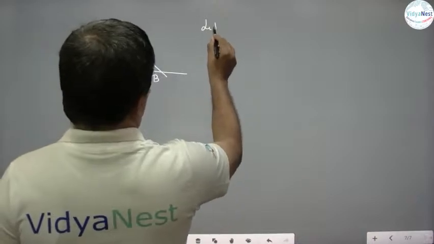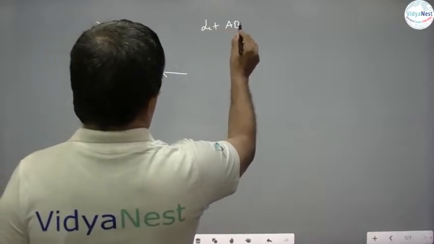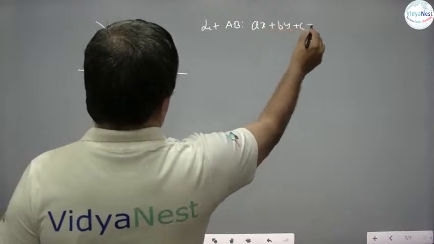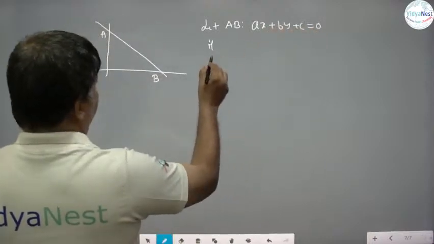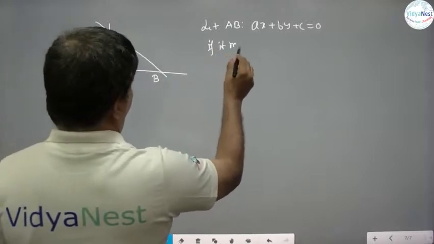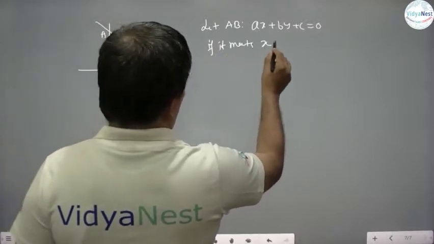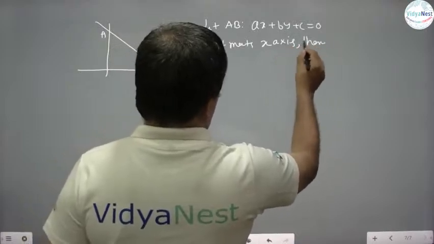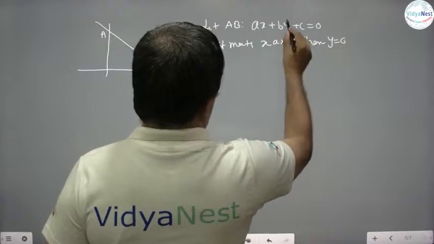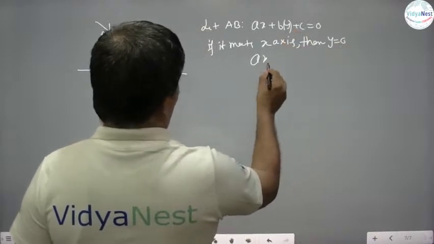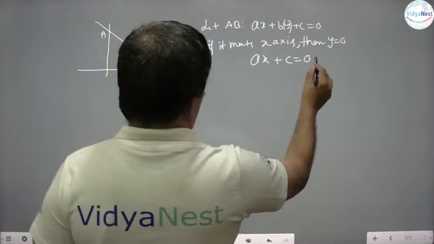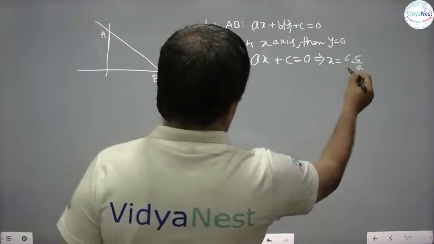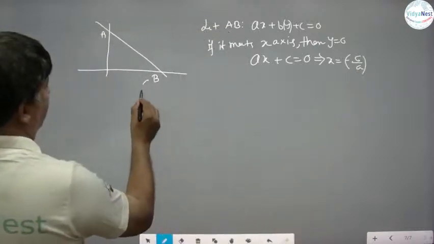Let AB be ax plus by plus c equal to 0. If it meets the x axis, then y is equal to 0. Put that here, x is minus c by a.